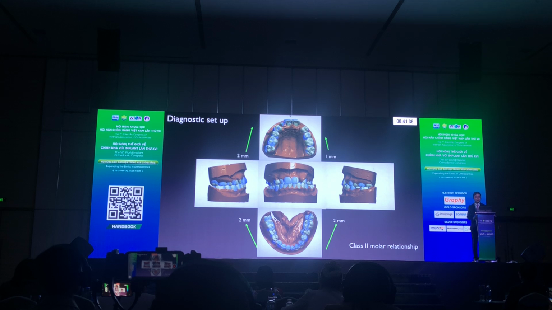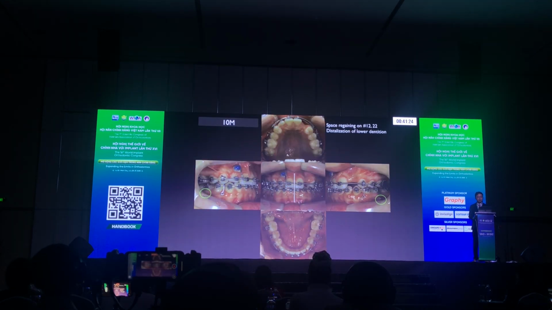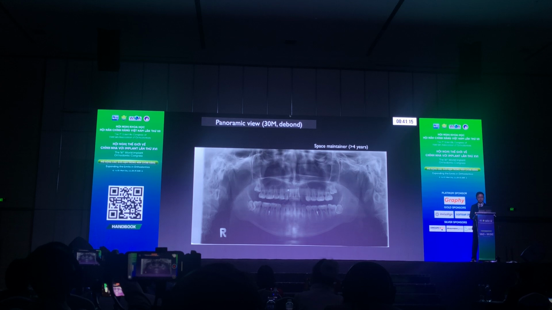We can see realistic tooth movement by virtual simulation. Only 1 or 2 millimeters of protraction of the posterior segments is pretty realistic. And here's the progress. We consolidated the space for the implants, and we finished distalization of the mandible.